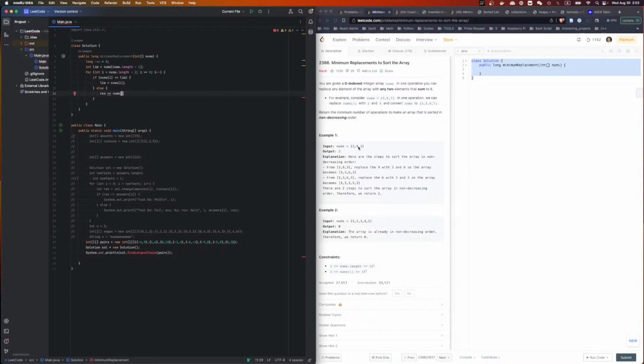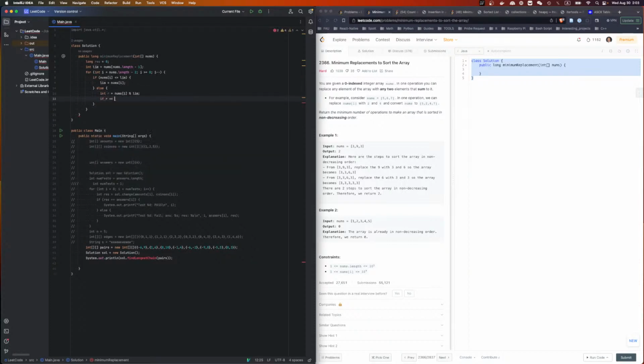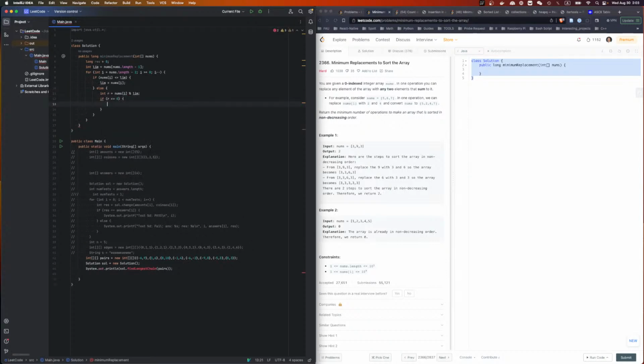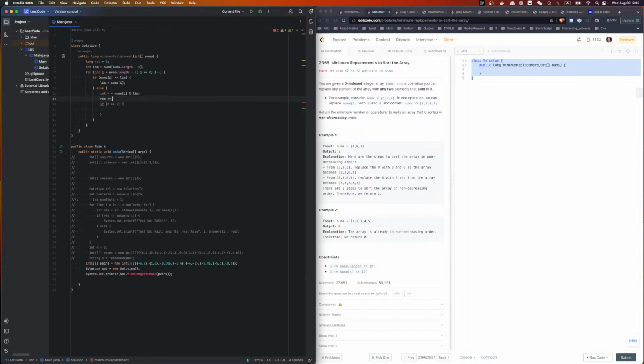So every time you have the remainder, if the remainder is 0, then we borrow one, all right? So we'll get the remainder r equal to nums I mod limit. If r is equal to 0, rest plus equal to nums I divided by lim, right?